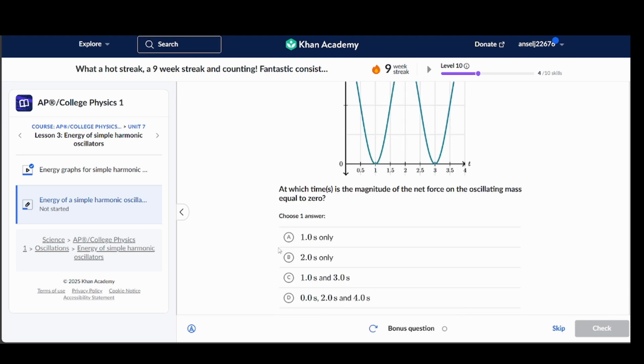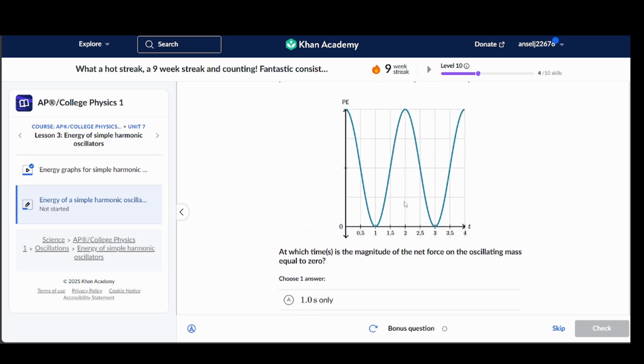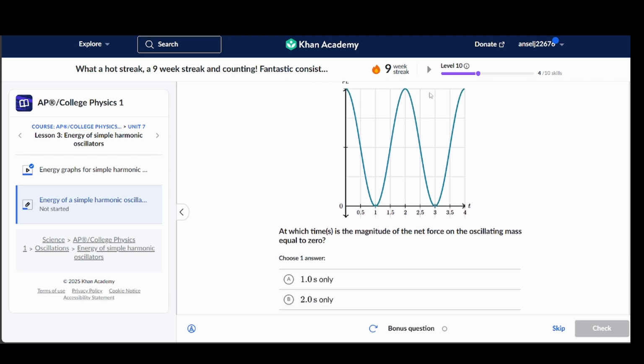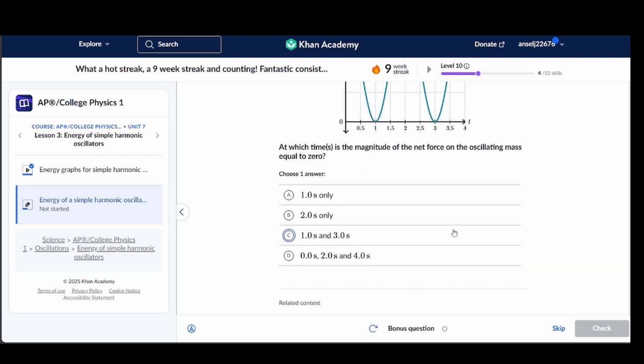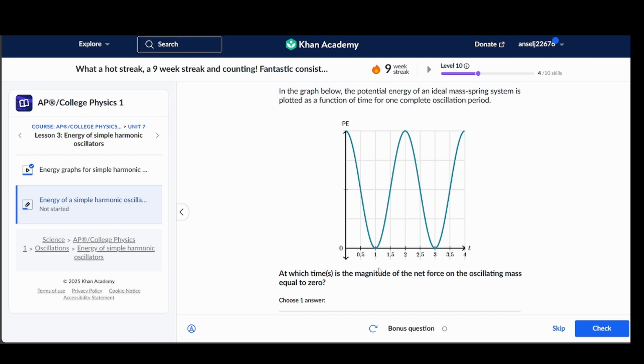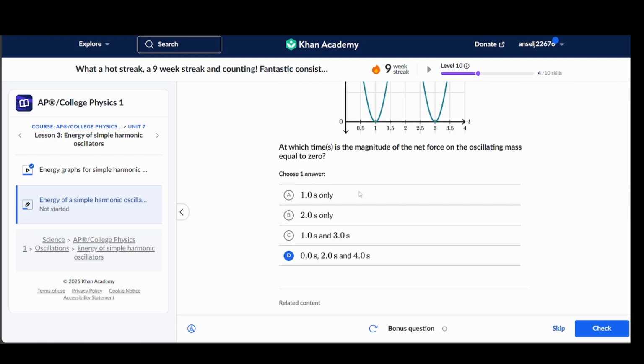Let's get this right. At what time is the magnitude of net force on the oscillating mass... Oh wait, it can't be that. I think it is that, right? Because it's the same principle. Oh, there's potential energy.